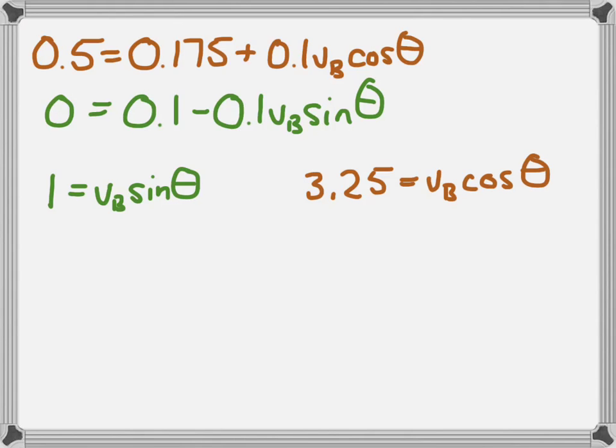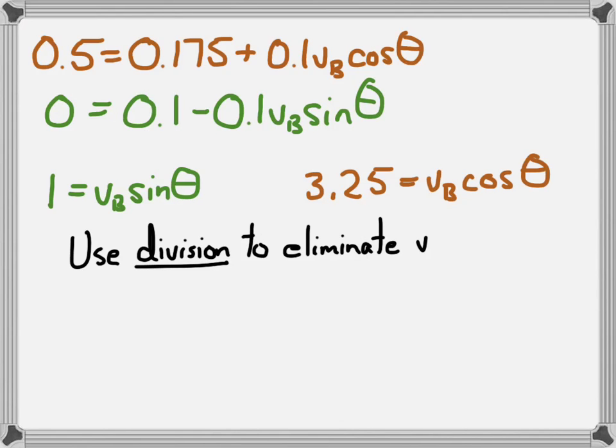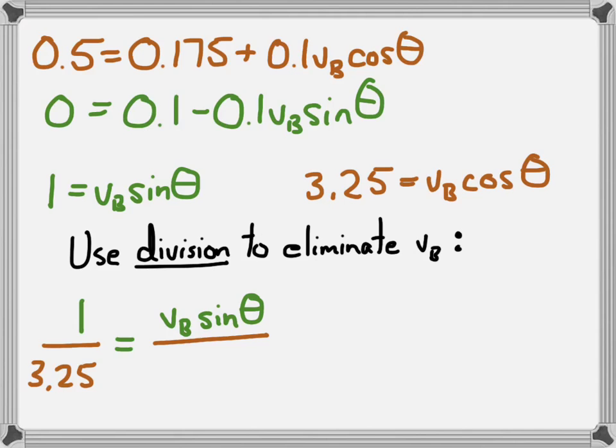Now, this doesn't look like something that we can solve by using elimination. You could use substitution, solving each of these for VB, but there's actually a neat little trick here. You could use division to eliminate VB. So let's take the first equation and divide it by 3.25.